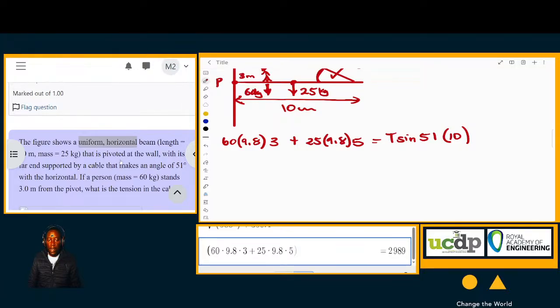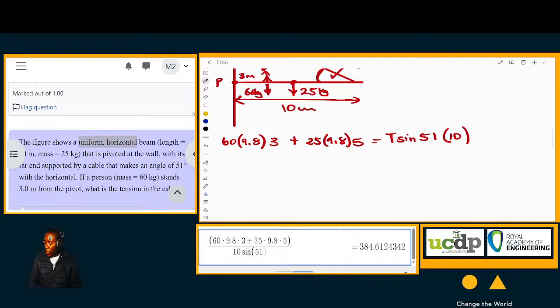So everything there is divided by 10 sine 51. This gives us T equals 384.6 newtons. So this is the value of T we get.